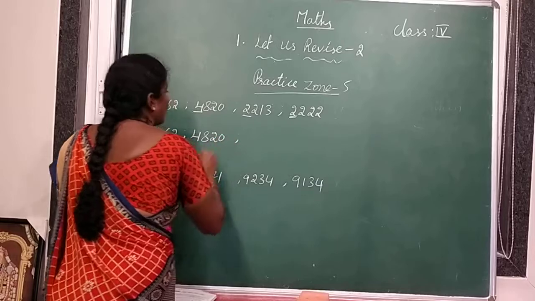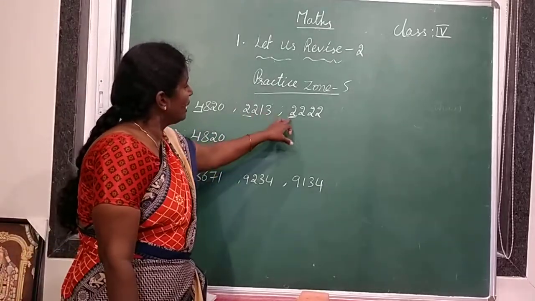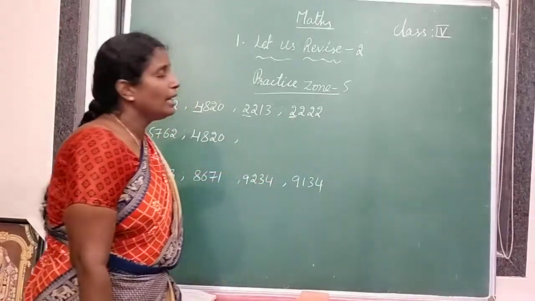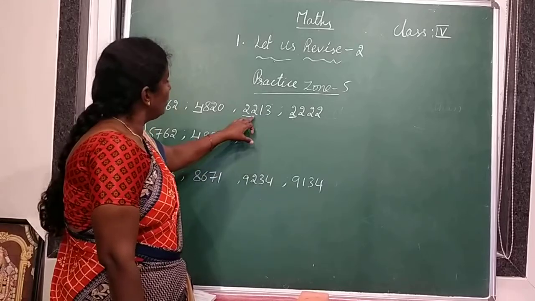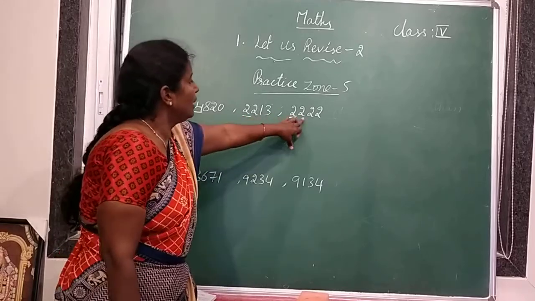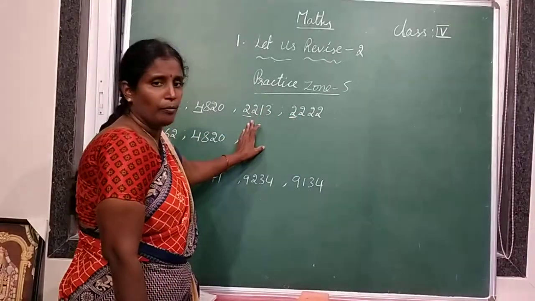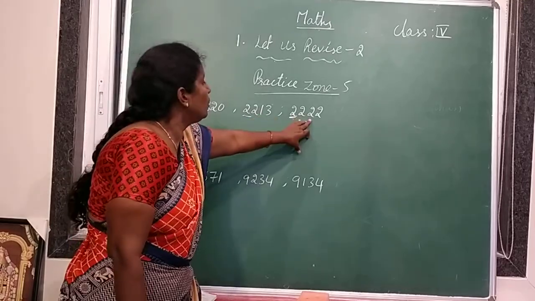4820. After that, this is 2 in thousands place and here also 2 in thousands place. So check hundreds place. What is in hundreds place here? 2 in hundreds place and 2 in hundreds place. So hundreds also same. So go for tens. 1 ten and 2 tens.